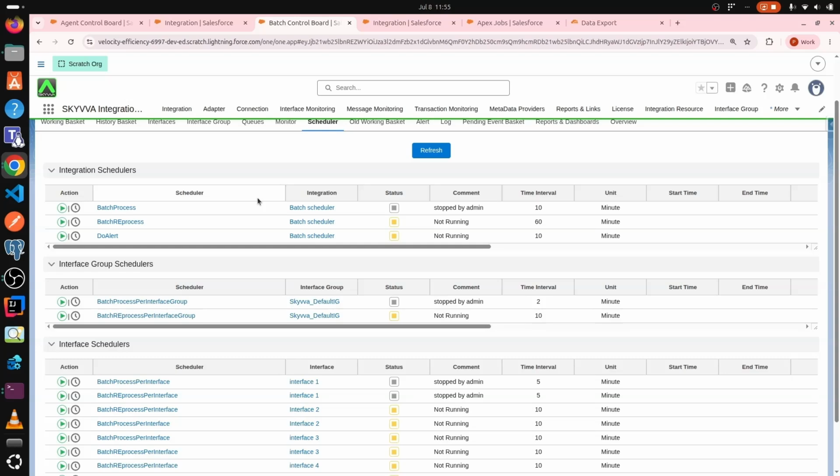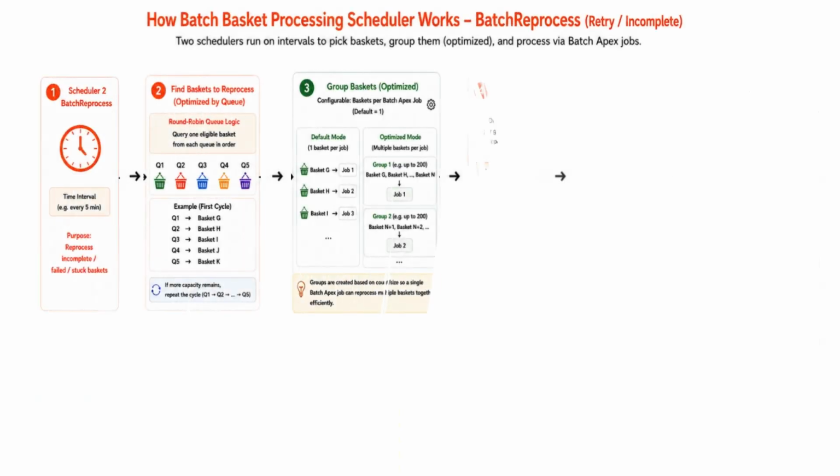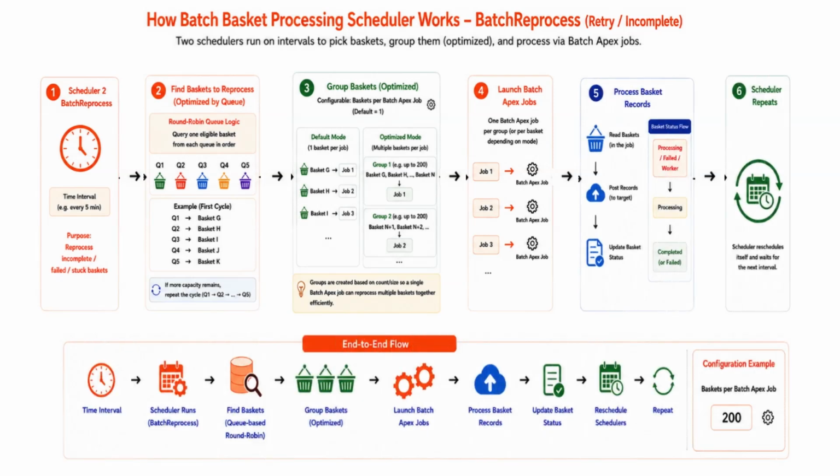By using these schedulers, basket processing can run automatically without manual intervention, helping improve performance and ensure baskets are processed efficiently. Summary. Finally, we've learned how the Batch Basket Processing Scheduler automates basket processing in SKYVVA. We explored the three scheduler levels: interface, interface group, and integration, and saw how each one processes baskets at a different scope to meet different business requirements.